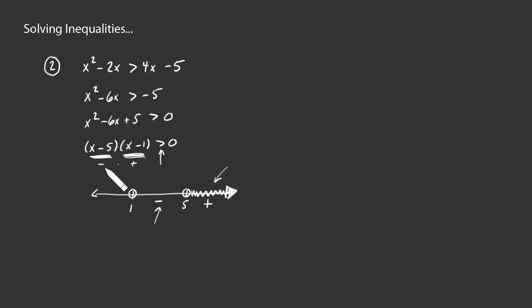Let's see, we've got one interval to go. What if we're less than 1? So like negative 100. If we subtract 5, aren't we negative? Yes. What about this factor? Here again, we're less than 1.